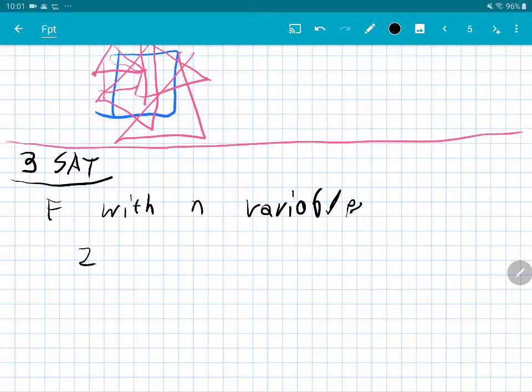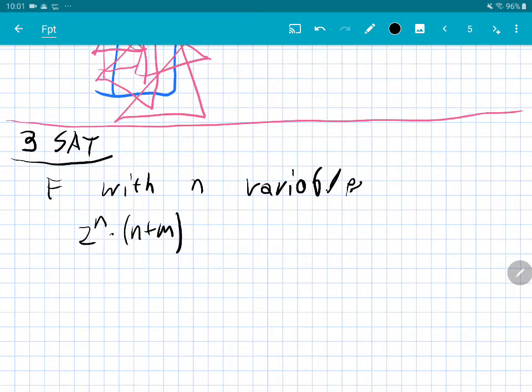Intuitively, the naive thing is you can check all the possible assignments, and you spend 2 to the n times (n plus m) time. Right, this is the naive algorithm to solve 3SAT, but in fact you can do slightly better.